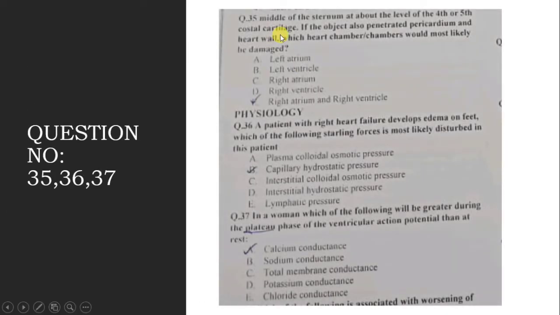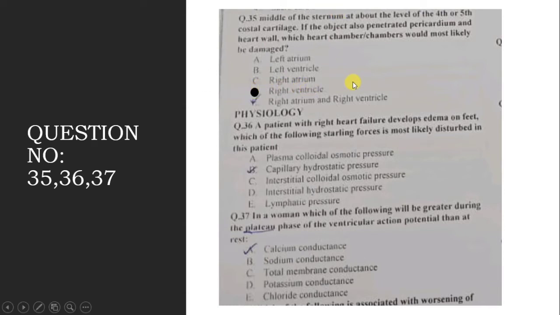Question 35 says the middle of the sternum at about the level of the fourth or fifth costal cartilage. If the object also penetrated the pericardium and the heart wall, which heart chambers would most likely be damaged? Left atrium, left ventricle, right atrium, right ventricle, right atrium and right ventricle. Just remember one thing: when there is a penetration of any object in the center, at the fourth or fifth costal cartilage or at any level of the costal cartilage in the anterior part of the thoracic cage, it will always lead to damage to the right ventricle.